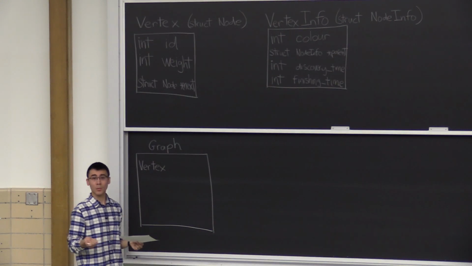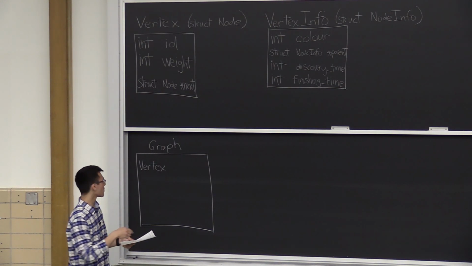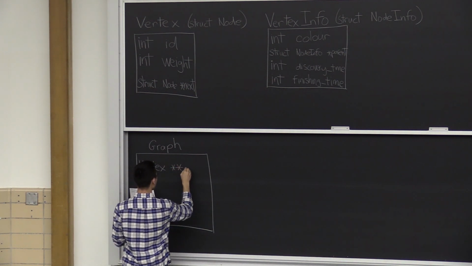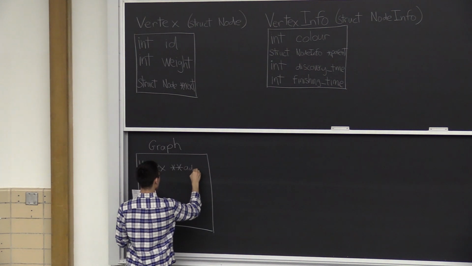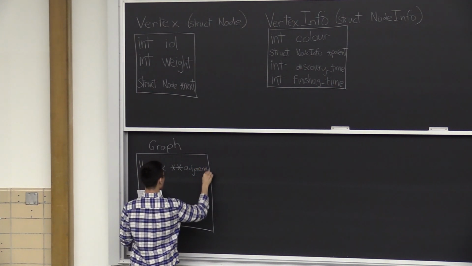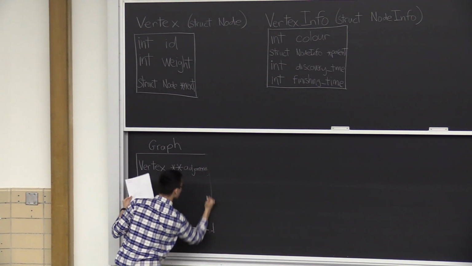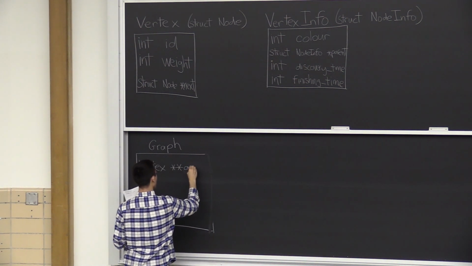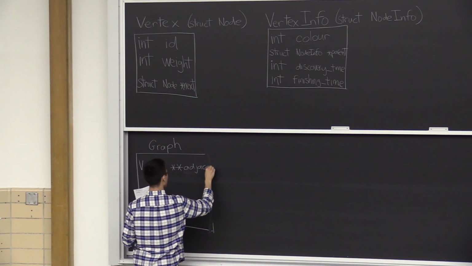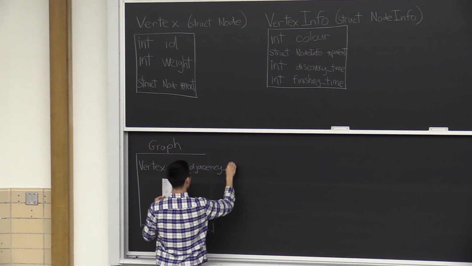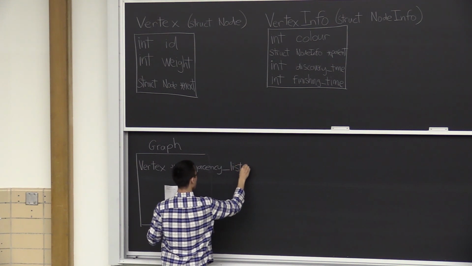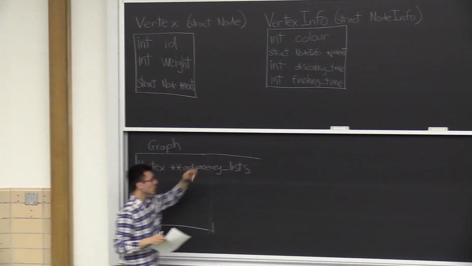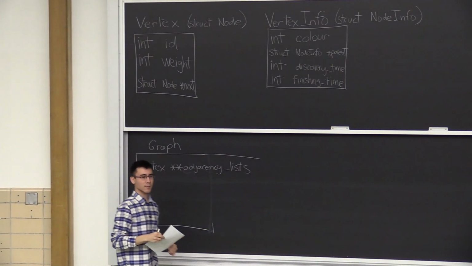Well, we can just use a double pointer. So we can add a star, star, oops, kind of ran out of space. So we can call this adjacency_lists. And so this is going to correspond to a bunch of different linked list heads.